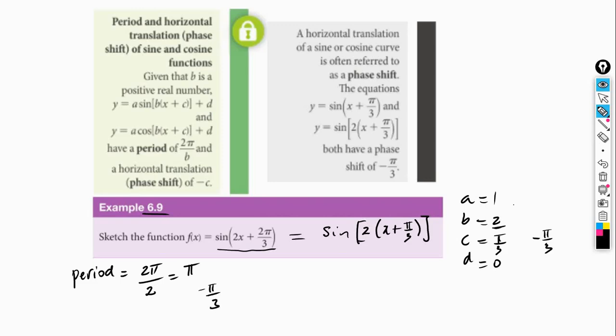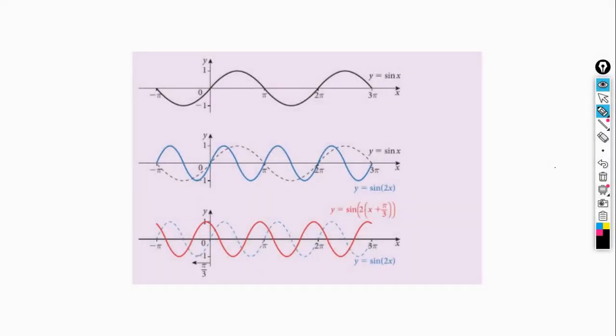So let's take a look at the graph. So here, first of all, we have the normal function for sine, y equals sine of x. And in the second graph, we have y equals sine of 2x. So this is including the value for b. And notice that the period has now been changed to pi instead of 2 pi, right?